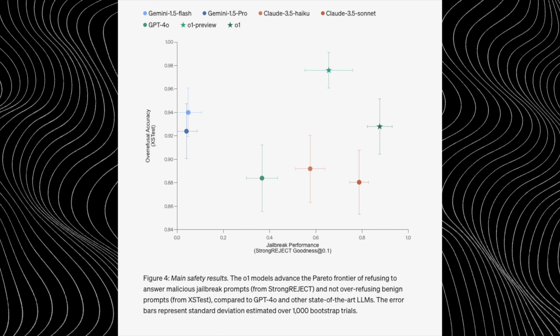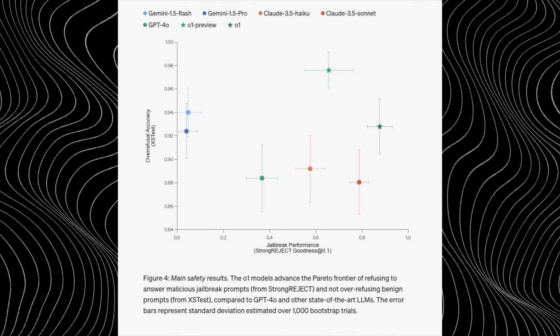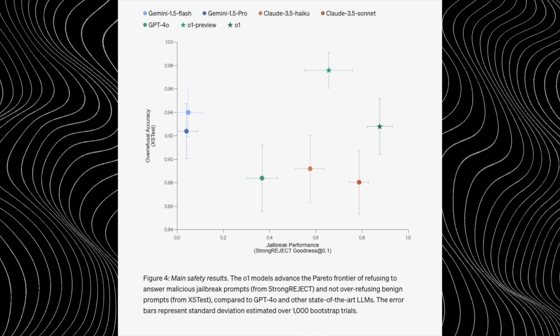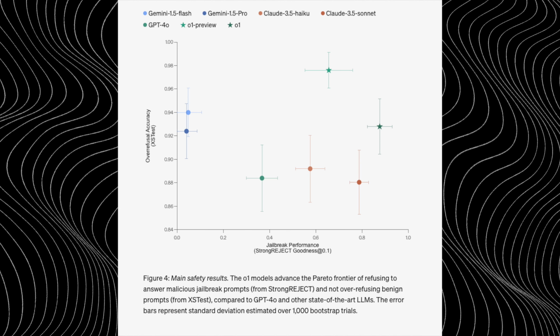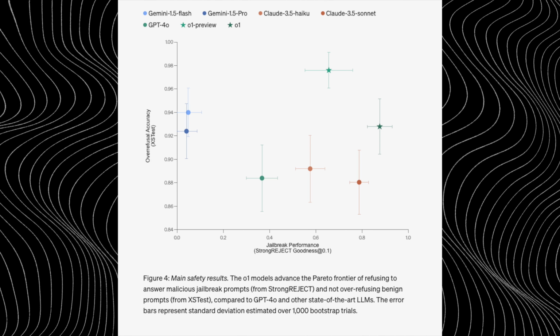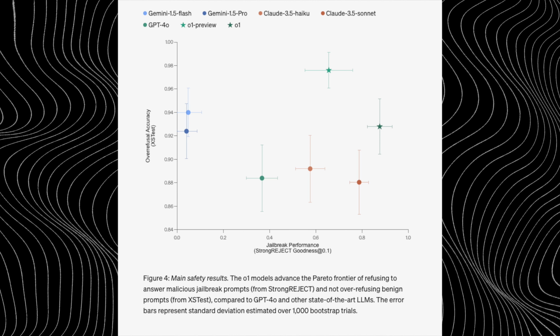This success underscores the importance of implementing advanced training and testing techniques to improve AI effectiveness. While other models like GPT-4o and Gemini show decent results, Model O1 stands out for its stability and accuracy.